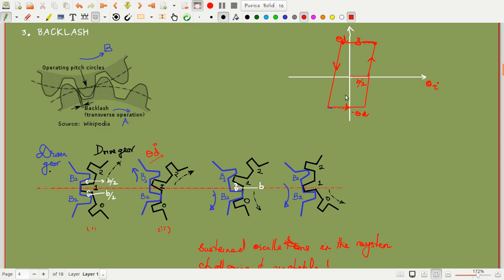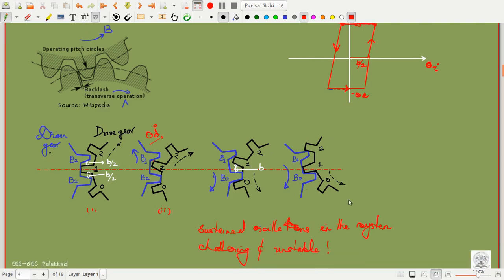But this kind of a system can cause a nonlinearity of this form, or magnetic hysteresis in the system, and this can cause sustained oscillations, and can even bring the system to instability.